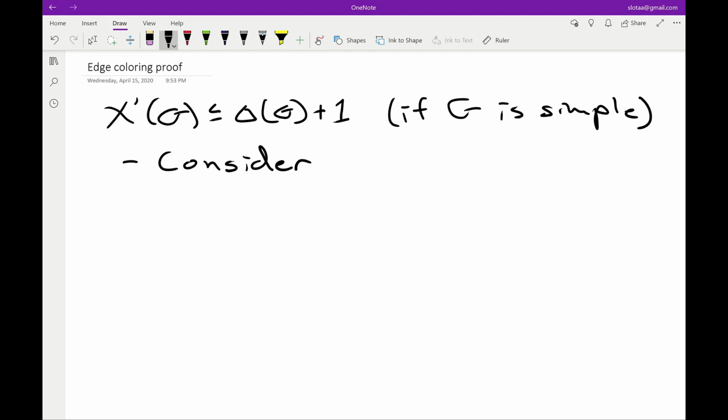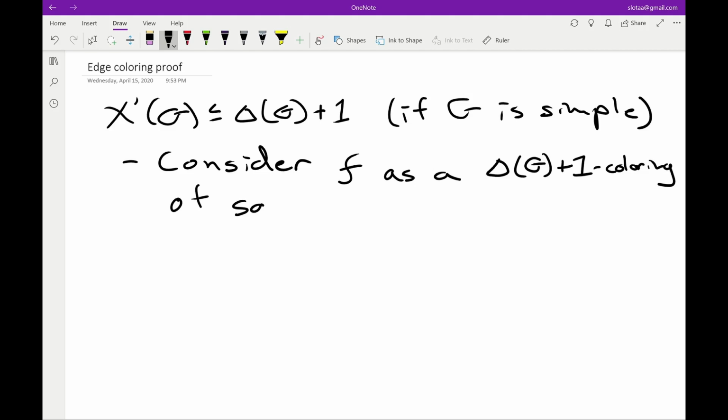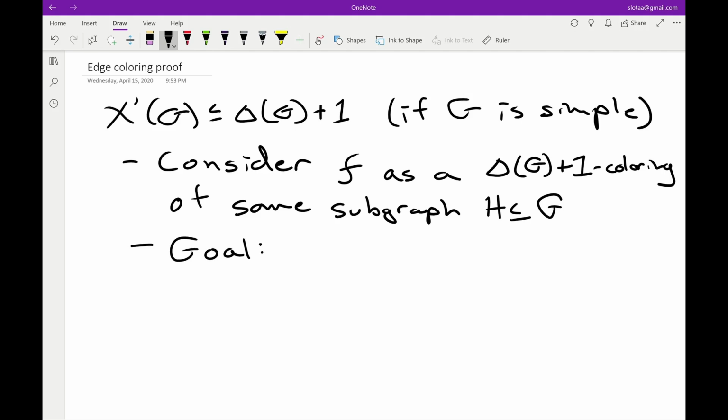So let's consider F as a Delta(G) plus 1 edge coloring of some subgraph H of G. The goal of the proof is to iteratively extend F to all of G.